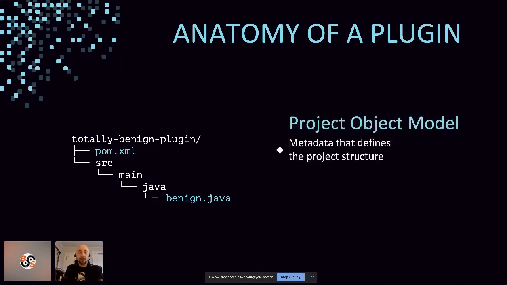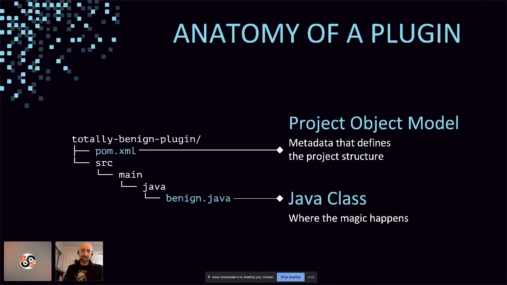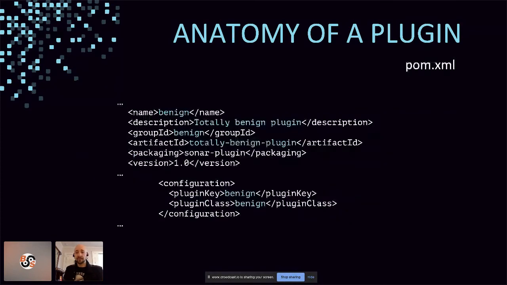First file is the POM file, the project object model. This is standard for any Maven project. It's just an XML file that has some metadata in it that defines the project structure, as well as the name of the plugin, etc. The other file is the Java class, and this actually contains the code that will be executed when the plugin runs. And that's it. So let's have a look at those two files now.